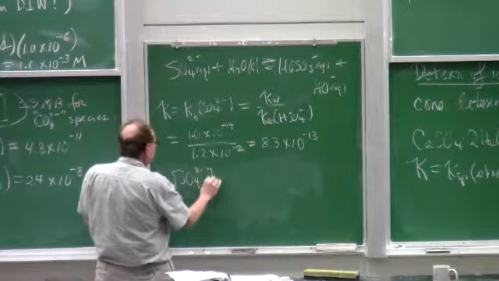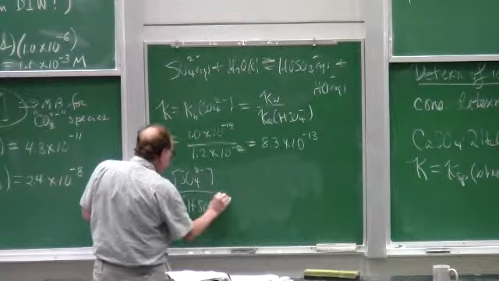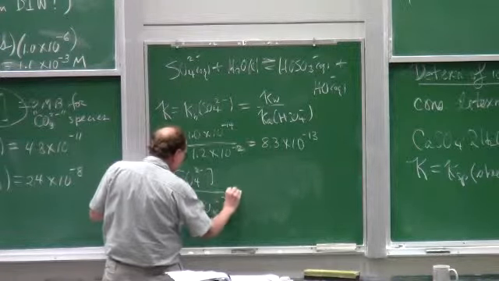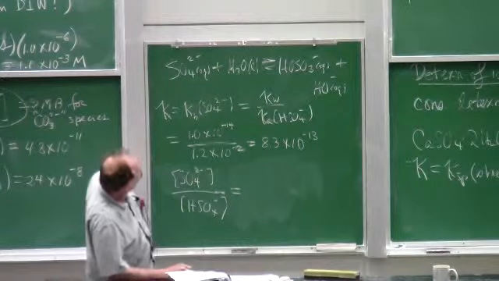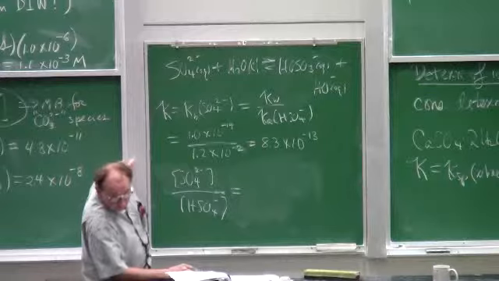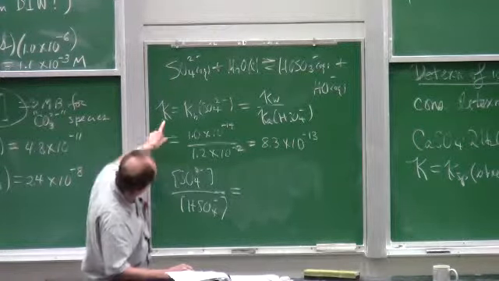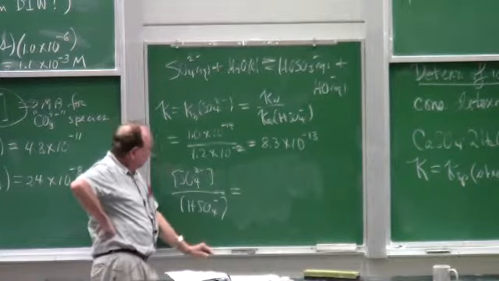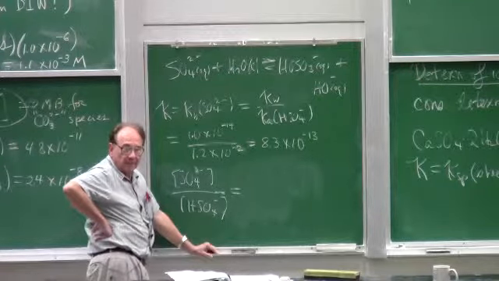Sulfate ion over hydrogen sulfate ion equals hydroxide ion over Kb. Hydroxide ion over Kb or Kb over hydroxide ion. What is it?